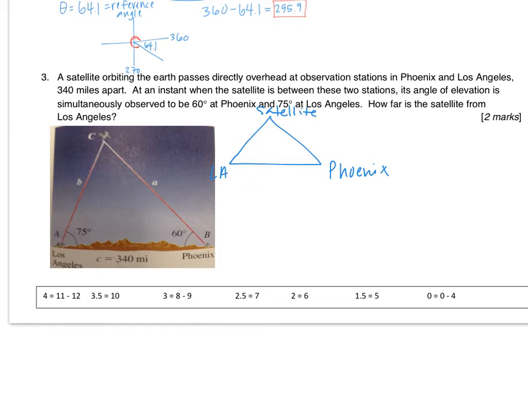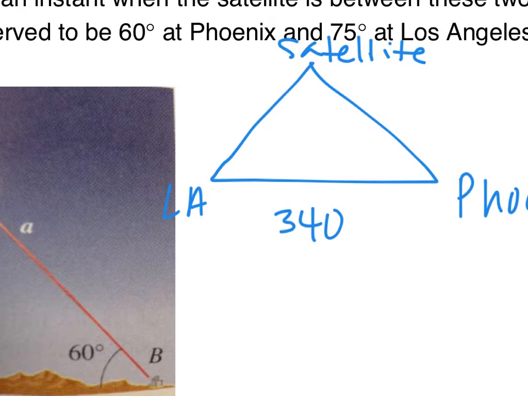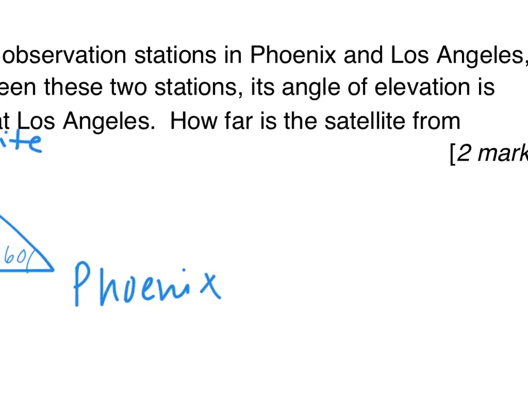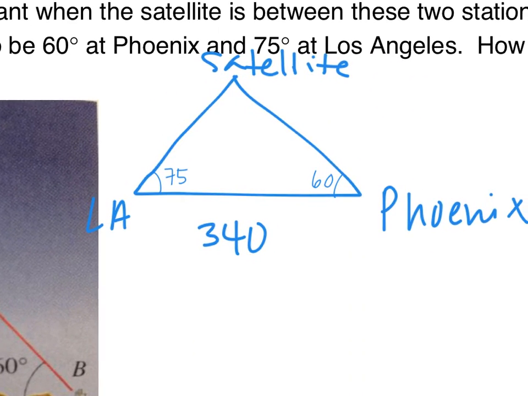We've got 340 on the bottom, 75 by LA, 60 by Phoenix, and it asks how far is the satellite from Los Angeles. So our X is on this side.